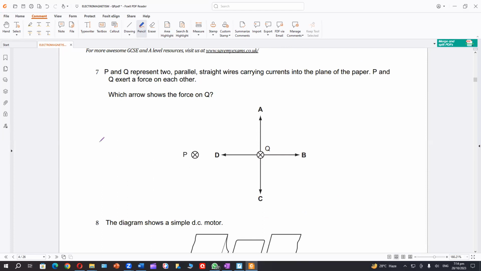P and Q represent two parallel straight wires carrying currents into the plane of the paper.